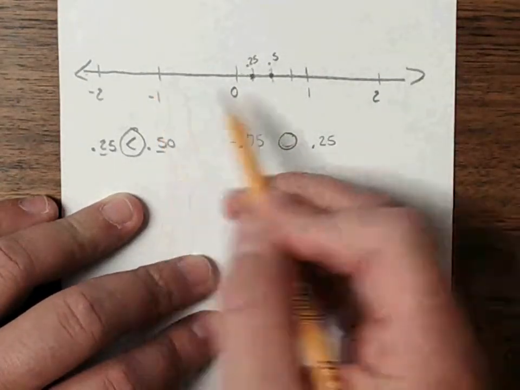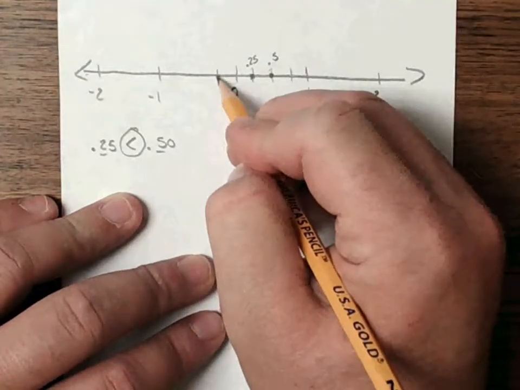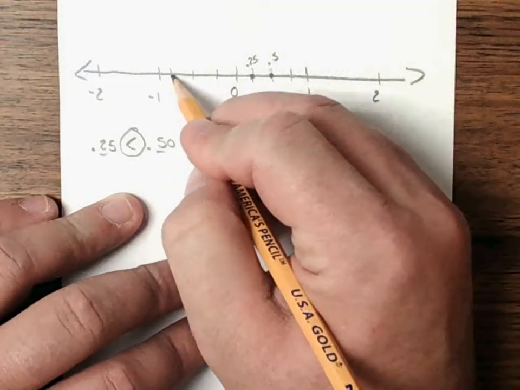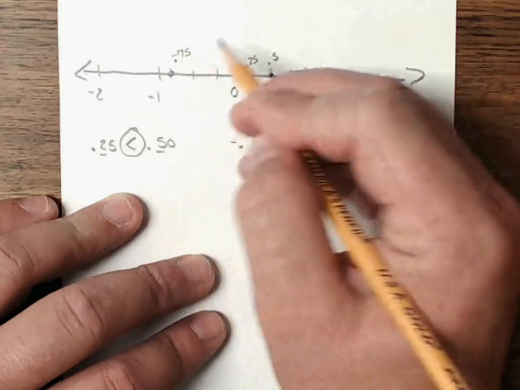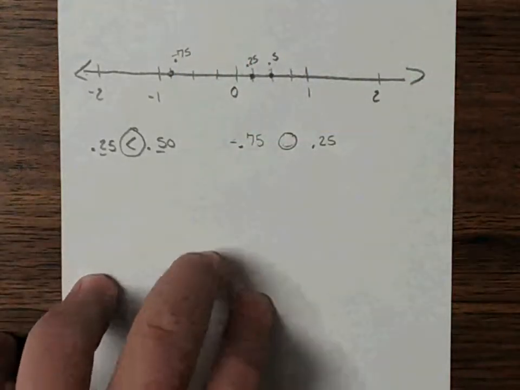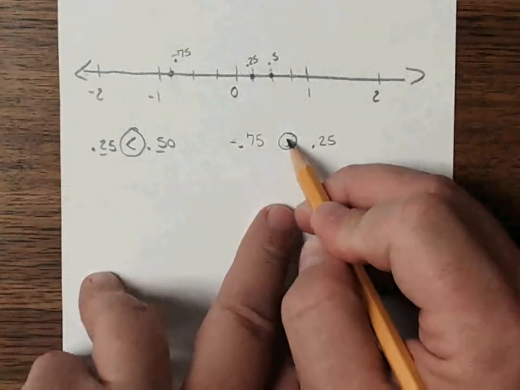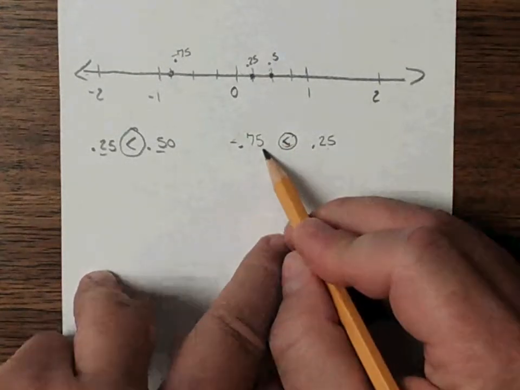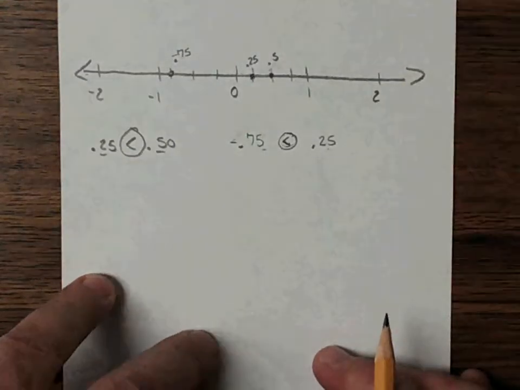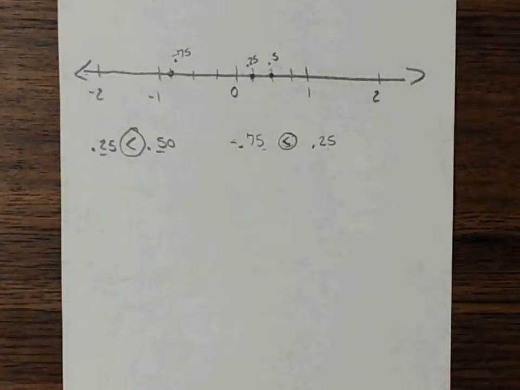It's going to be closer to my -1. So I'm going to divide it into 4 again. It's not a very good fourth, but that's okay. And that is -75 hundredths. So even though this is a smaller number, it is still the larger value. I have 25 cents, I owe somebody 75 cents. I'd rather have a positive amount than owe a negative amount.